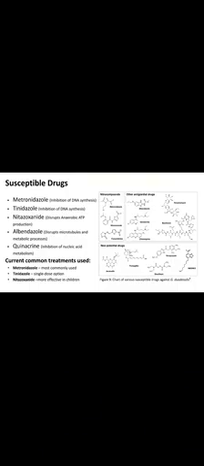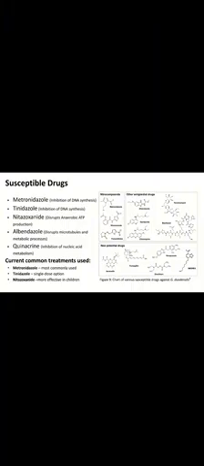Then there is nitazoxanide, which interferes with pyruvate ferredoxin oxidoreductase, aka PFOR, which is an enzyme-dependent electron transfer reaction that is essentially the parasite's energy metabolism. This disrupts anaerobic ATP production and the parasite's ability to regenerate oxidized ferredoxin.